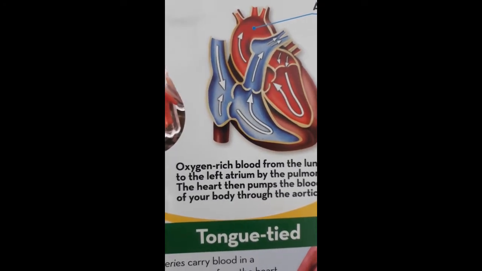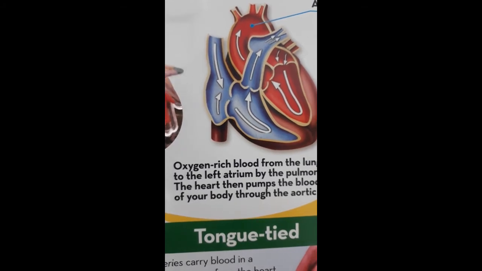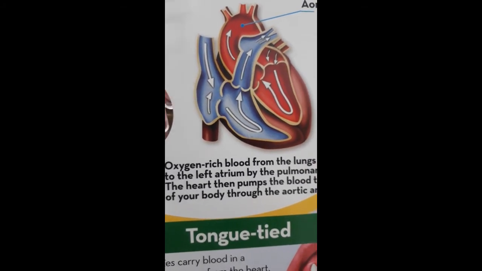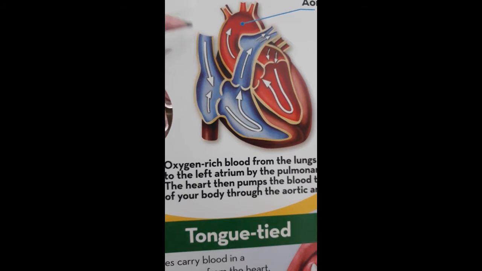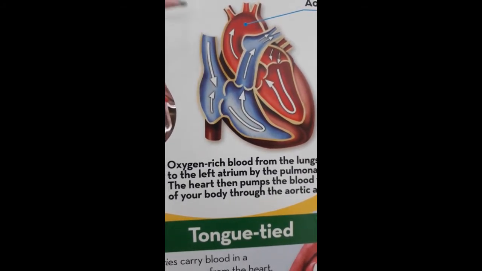The blood from all parts of the body that carries carbon dioxide enters here. Here is the superior vena cava, through which the blood enters the right auricle.